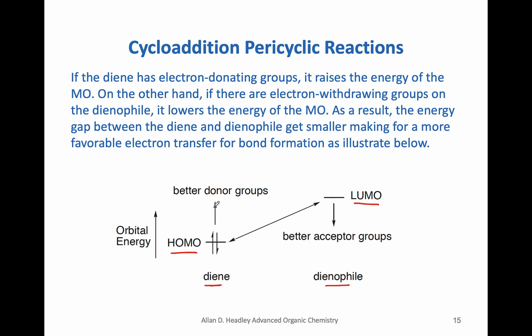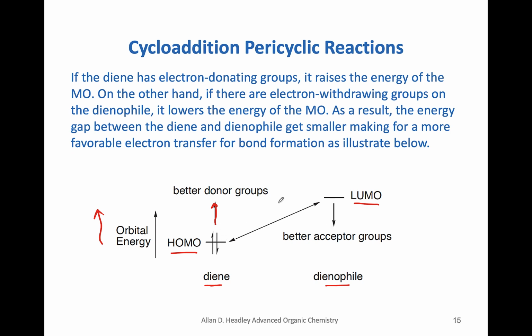That raises the energy. As you can see here, the energy is raised. Energy goes in this direction, as we have seen before. So this goes up if we have an electron-donating group. If we have an electron-withdrawing group on the dienophile, that means we are taking electrons away, which means it's much better to put electrons in, so that energy is lowered.